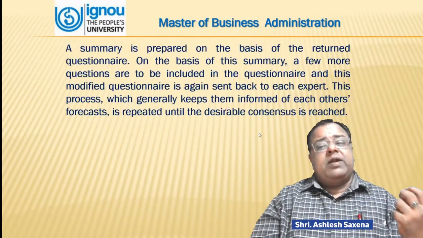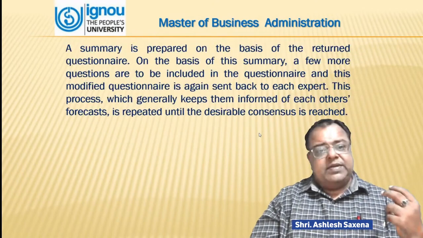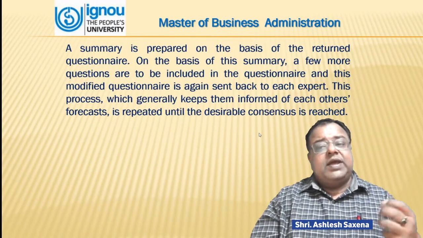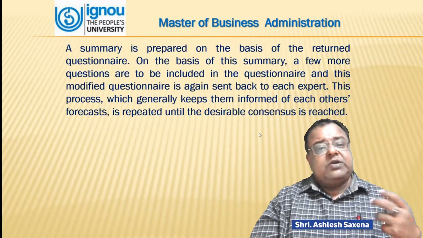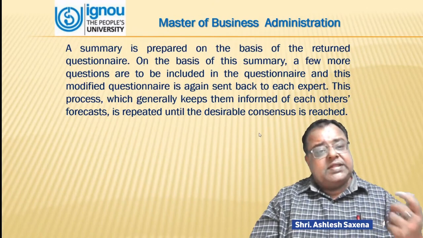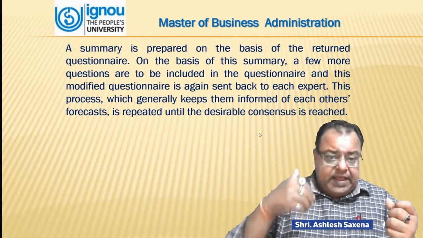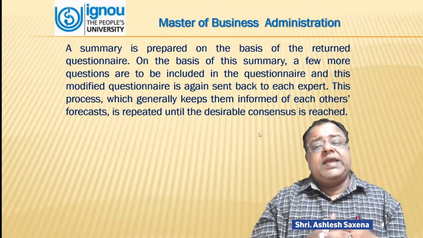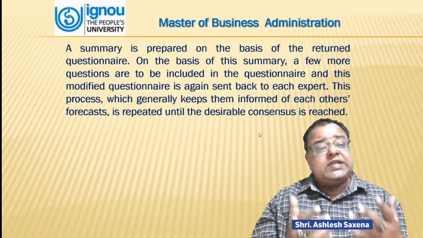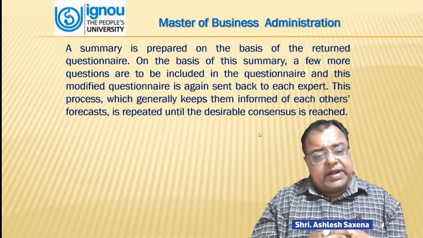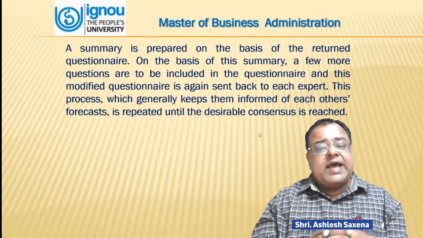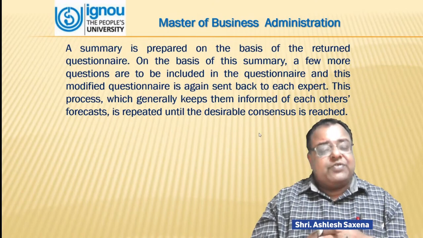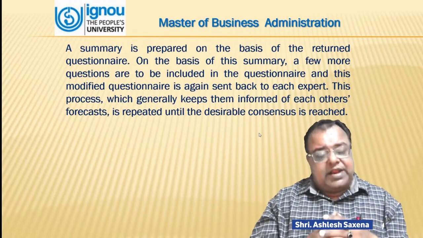A summary is prepared on the basis of the written questionnaire. On the basis of this summary, a few more questions are included in the questionnaire, and this modified questionnaire is again sent back to the experts. This process, which generally keeps them informed of each other's forecast, is repeated until the desirable consensus is reached. This is the Delphi method.